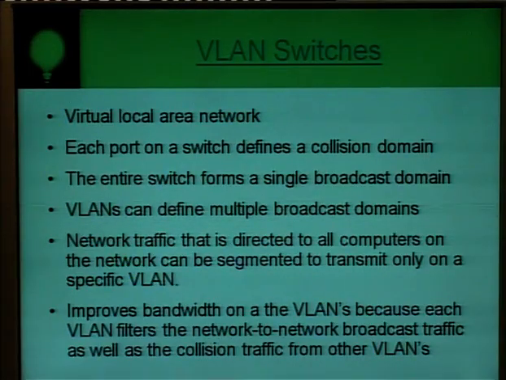The virtual local area network can define multiple broadcast domains at the same time, and the network traffic that is directed to all the computers on a network can be segmented to transmit only on the specific VLAN, because we can define only a specific VLAN to receive the data. It also improves bandwidth on the VLAN because each VLAN filters the network broadcast traffic as well as the collision traffic from other VLANs.